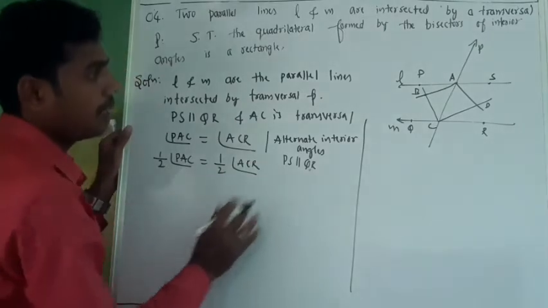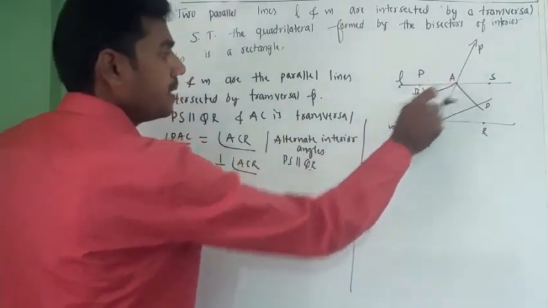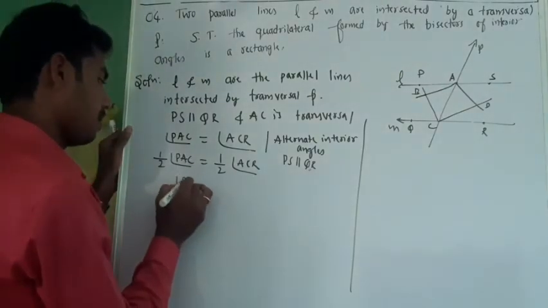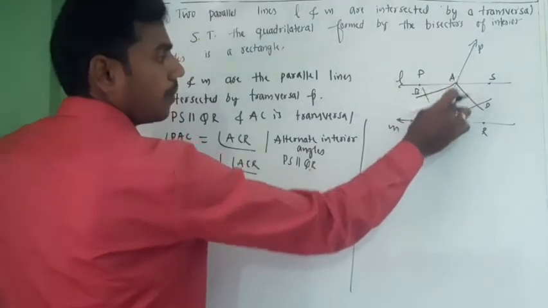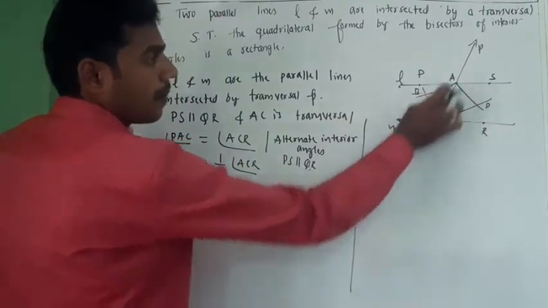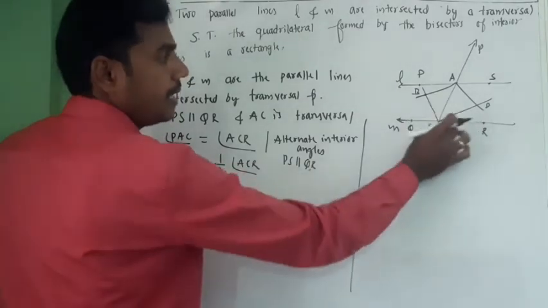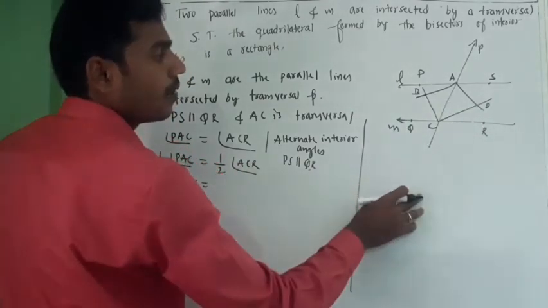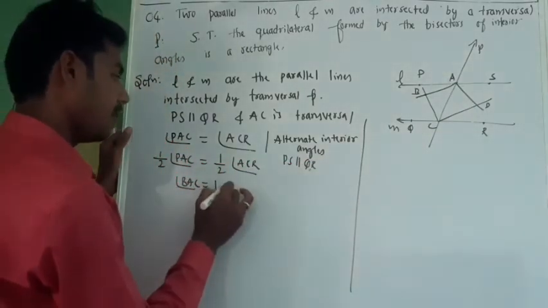So what can I write? Half of PAC is nothing but BAC. Half of ACR is nothing but, because for ACR, CD is the angle bisector, ACD will be equal to DCR. Half of ACR will be equal to angle ACD.